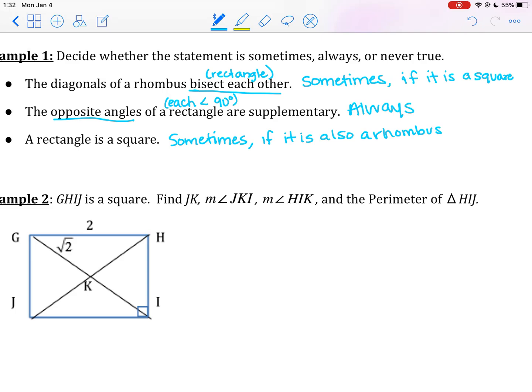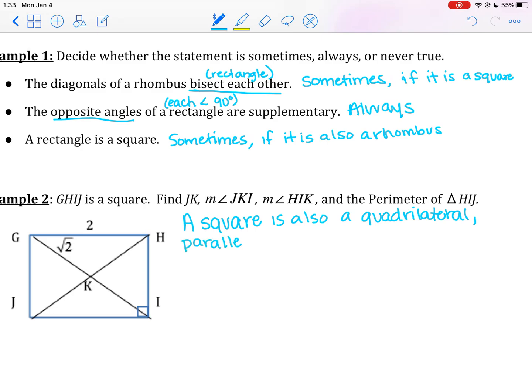So it is a square. That means we need to think about all of the other things that it also fits under. So it's also a quadrilateral, and we would use that to get the angle sum if we needed it.